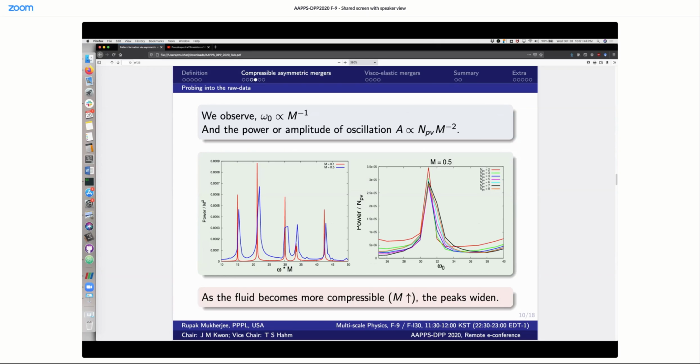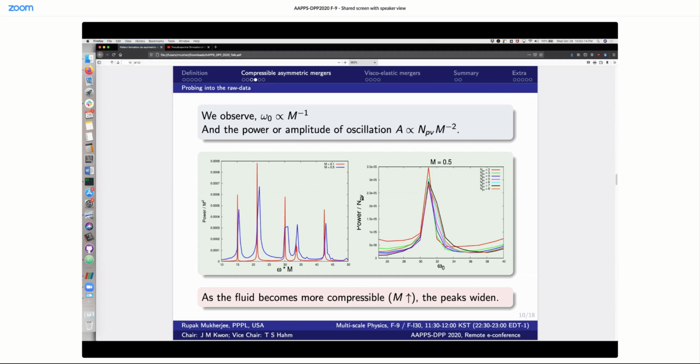Now, if we increase the Mach number of the system, we see that the width of the peaks gets broader, which means that more scales are getting generated. And the power of the peak also scales linearly with the number of point vortices.